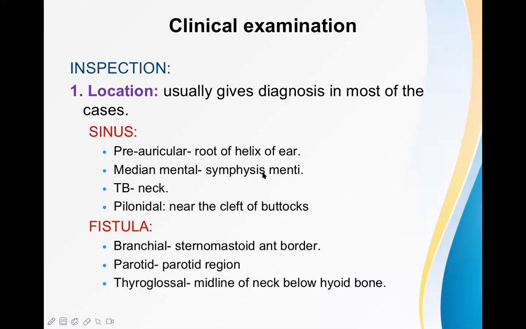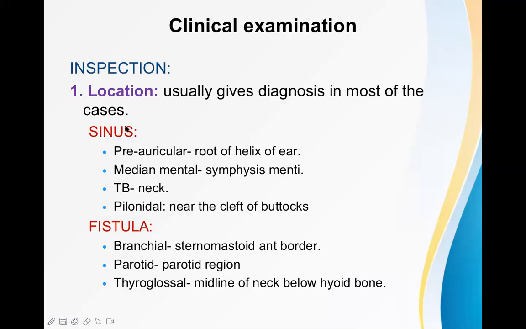Median mental is at the symphysis mentae. We have got the jaw, so exactly the midline of the lower jaw is called symphysis mentae joint. So the two parts of the lower jaw will be connected there. If a sinus is formed there, we call it median mental sinus.